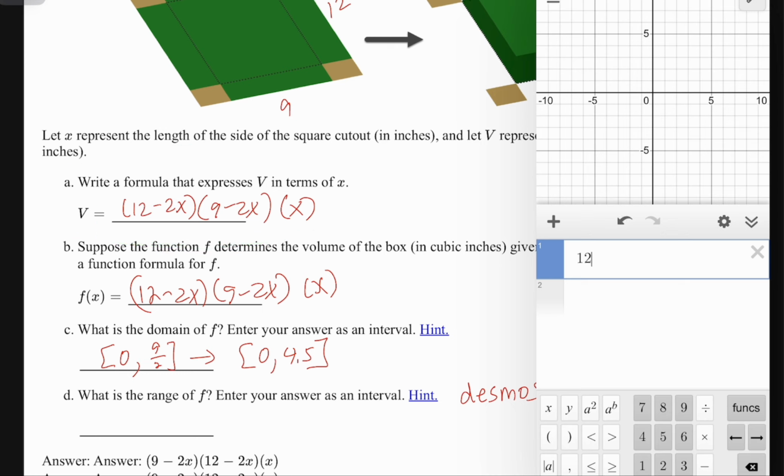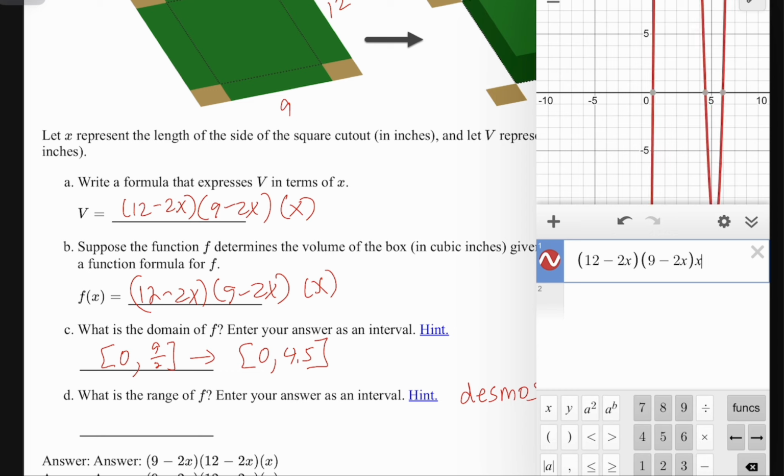So 12 in parentheses, 12 minus 2x, then in parentheses, 9 minus 2x, and then an x.